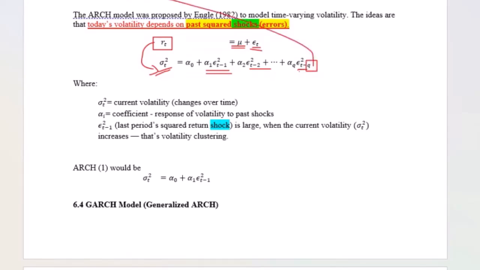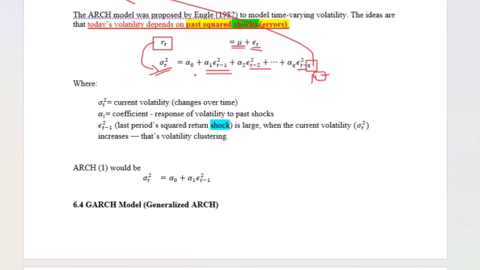And this q is the same q we have here. So if we are going back 10 periods, this q is 10. So in such a case, let's say the current period is 2025. It will start with 2024, 2023, 2022, all the way up to 2015. So 10 periods behind. So the current volatility is affected by previous periods' shocks.